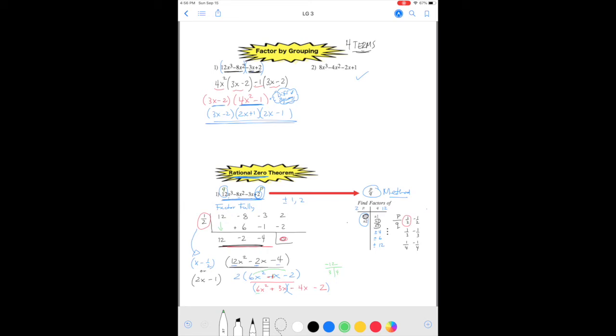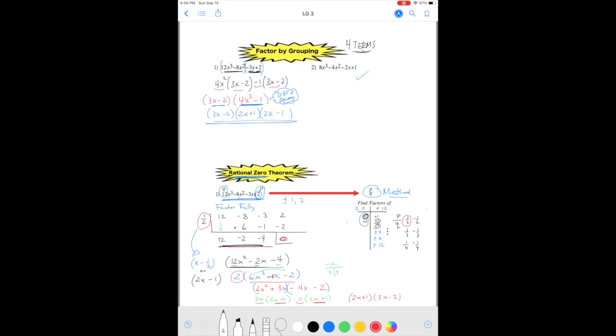So we got a 3x. So that's 2x plus 1. That's what I want. Minus 2 comes out, and we get a 2x plus 1. And there's the happy dance, because there's what I got. So I know that that comes as 1, and these guys come as the other one.